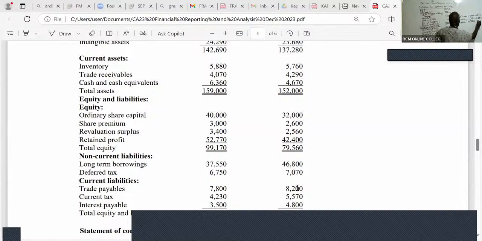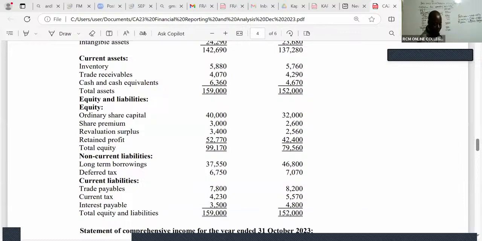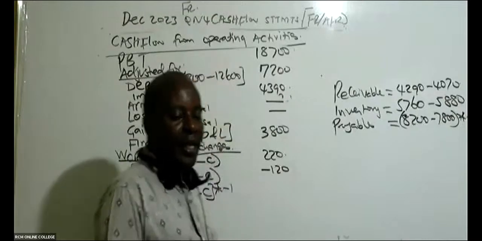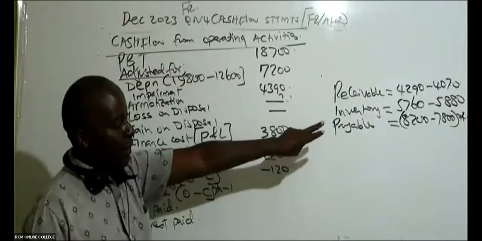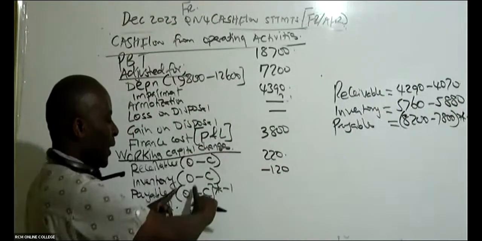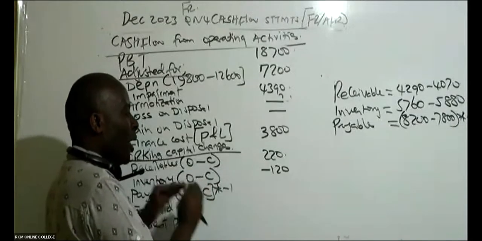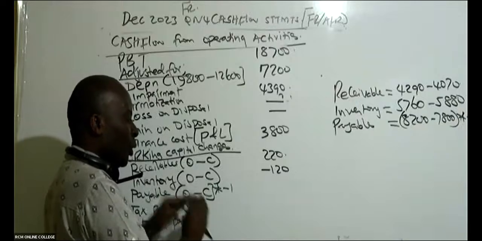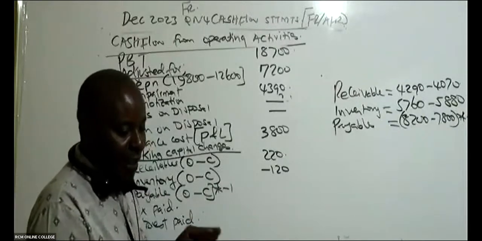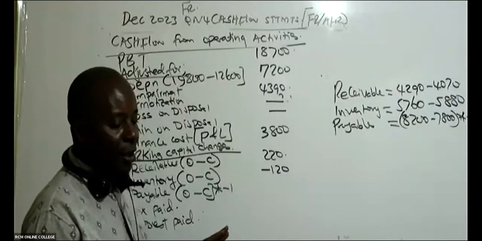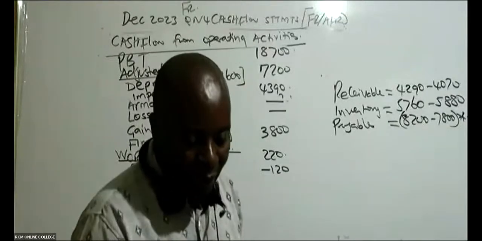But now remember, payables is a liability that must always be interpreted in the opposite way. You take that number the way it is, but you multiply it by negative 1. All liabilities shall always be multiplied by negative 1.